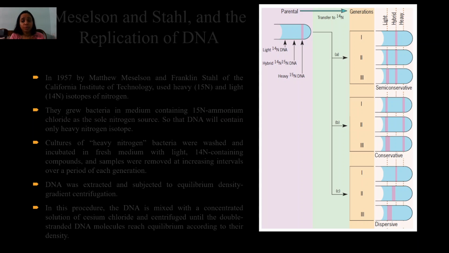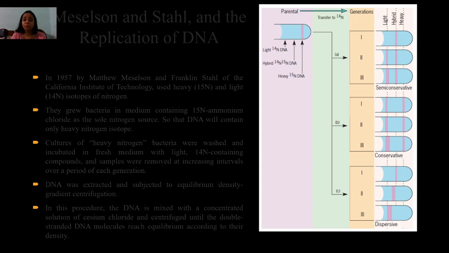So you can clearly compare and define this dispersive model with the conservative and the conservative with the semi-conservative, and vice versa. I hope it is very clear how the different banding patterns might have been obtained if it belongs to the semi-conservative, the conservative, or the dispersive.